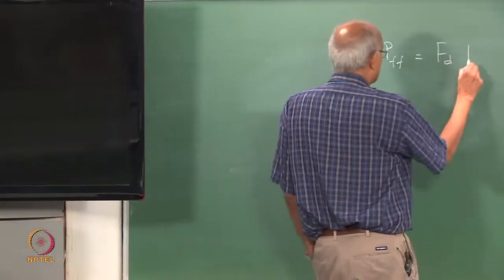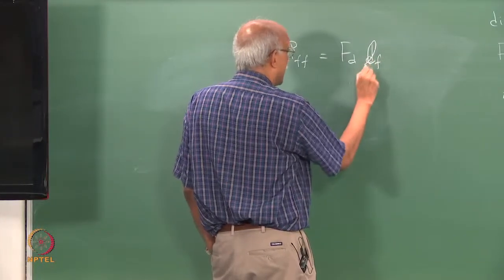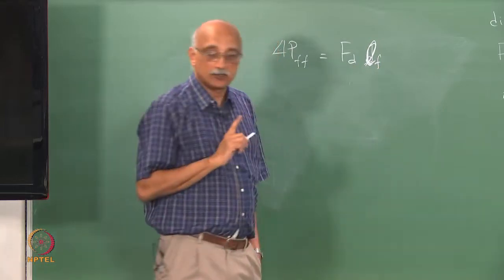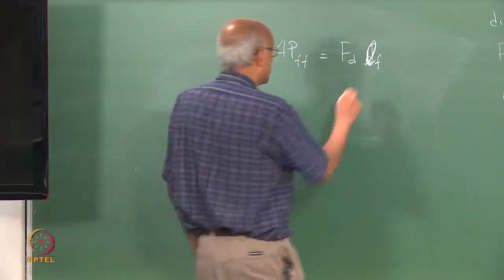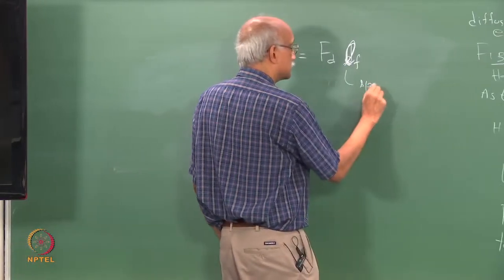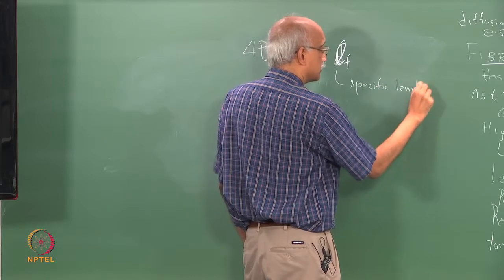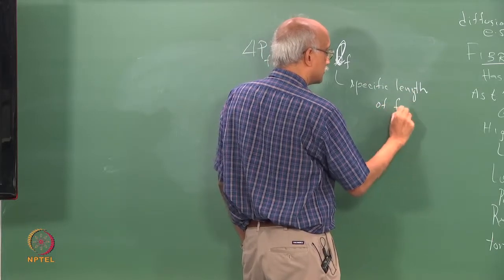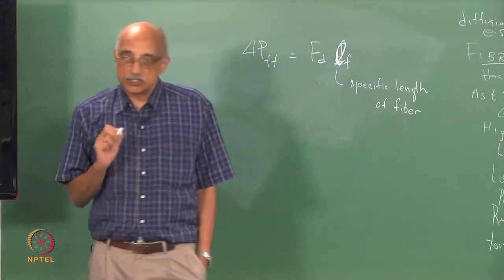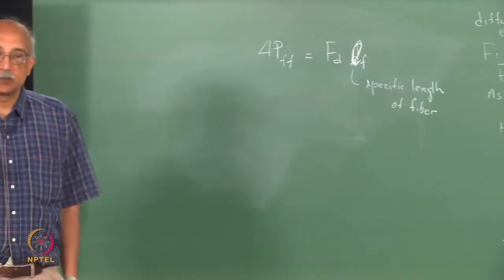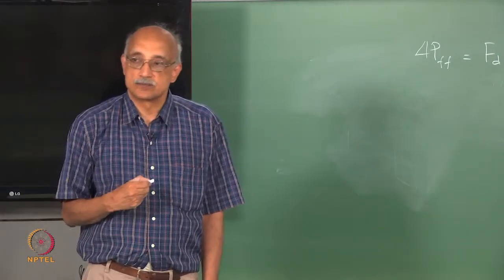It is actually also related to LF, not DF, but LF, which is the specific length of a fiber, which is defined as length of fiber per unit area of fibrous material in the filter.